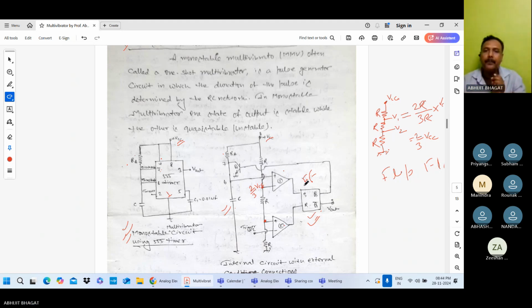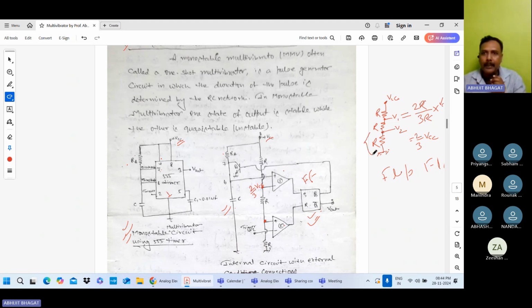Any doubt? Simply, in this circuit, the voltage at this point is 2 by 3 VCC. And what is the voltage at this other point? Suppose it is V2.